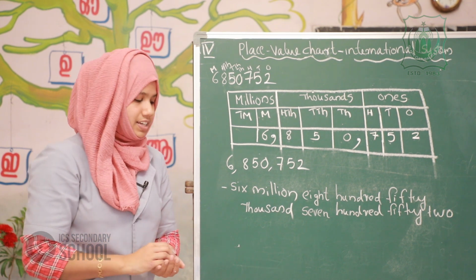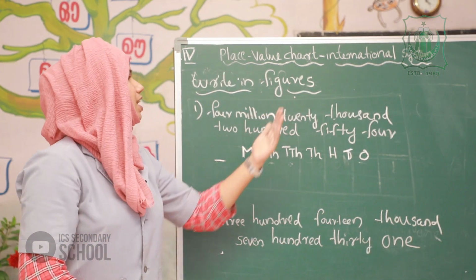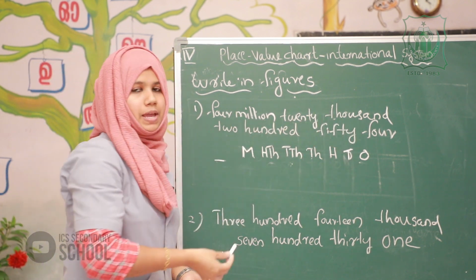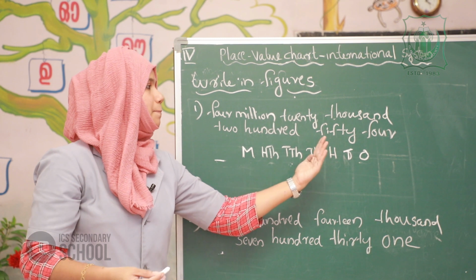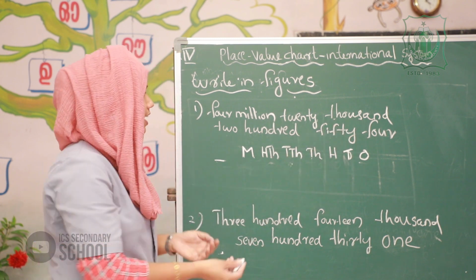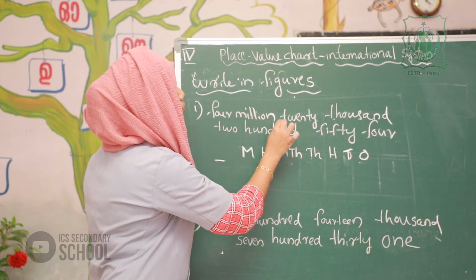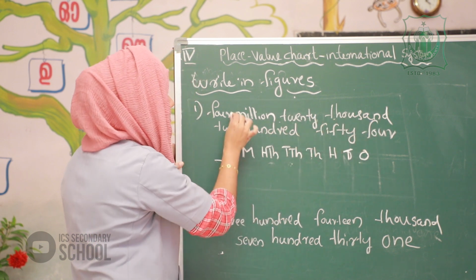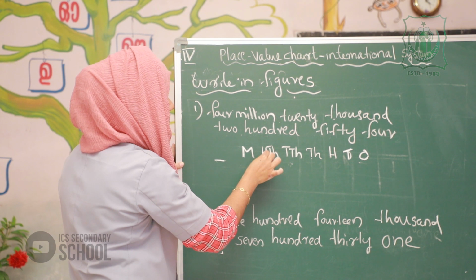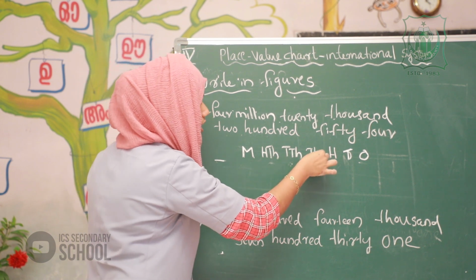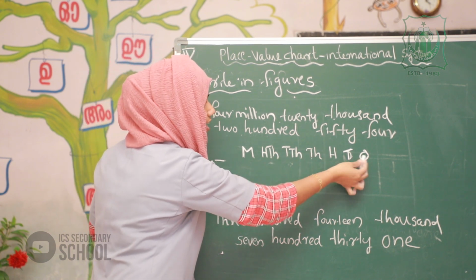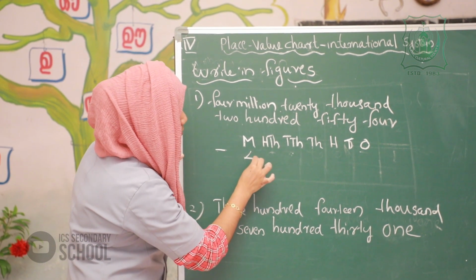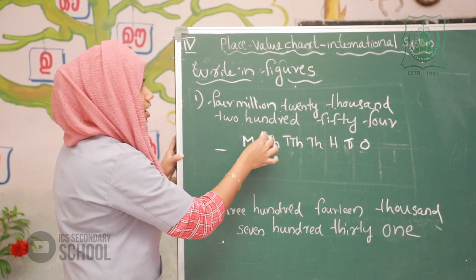Is it clear that? So, our last topic is writing figures. That means if you get a number name, you have to convert the number name into numbers. Okay. So, this is 4,020,254. That means millions, hundred thousands, ten thousands, thousands, hundreds, tens and ones. In millions, 4 million. You put the number 4 here.